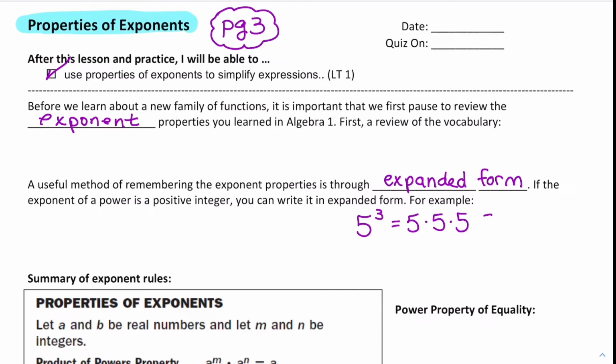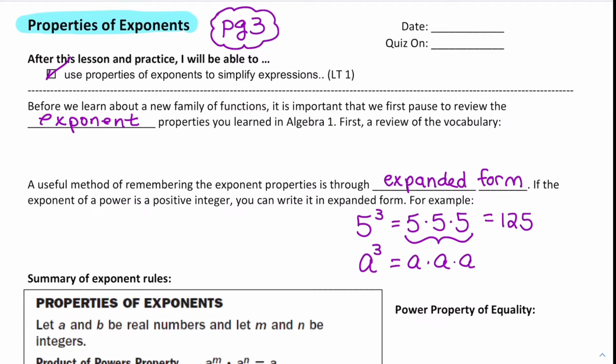We know that this would equal 125, but this is what we mean by expanded form. We could also write this with a variable. Let's say it is a to the third power. Then that would be expanded out to be a times a times a. So we've got that idea down?